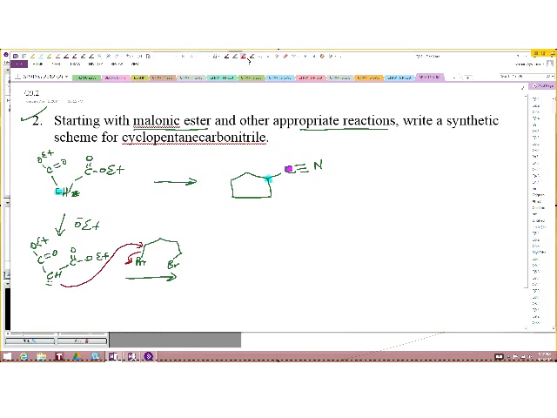So the first thing that happens, of course, is the SN2 reaction. We form our first product, and let me use blue color here.